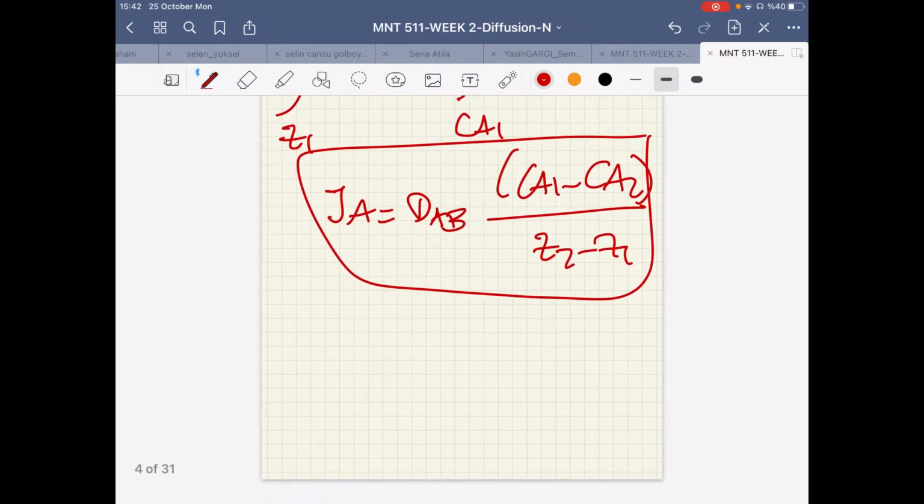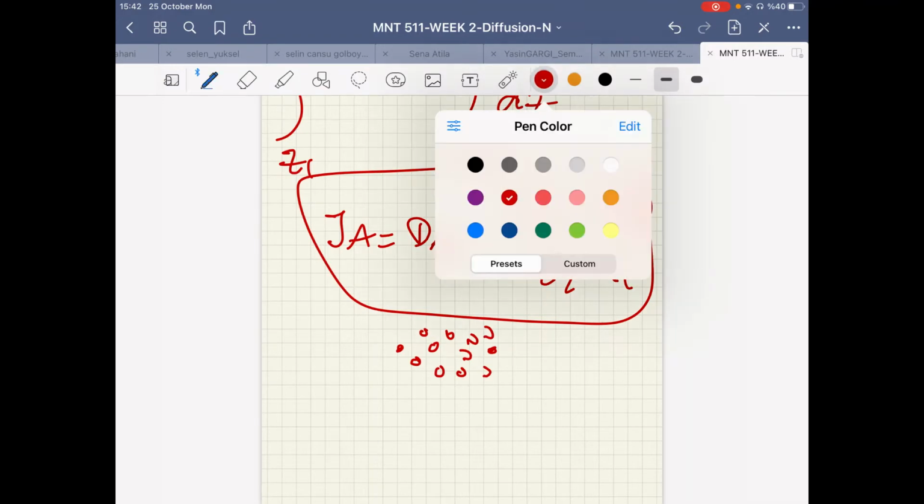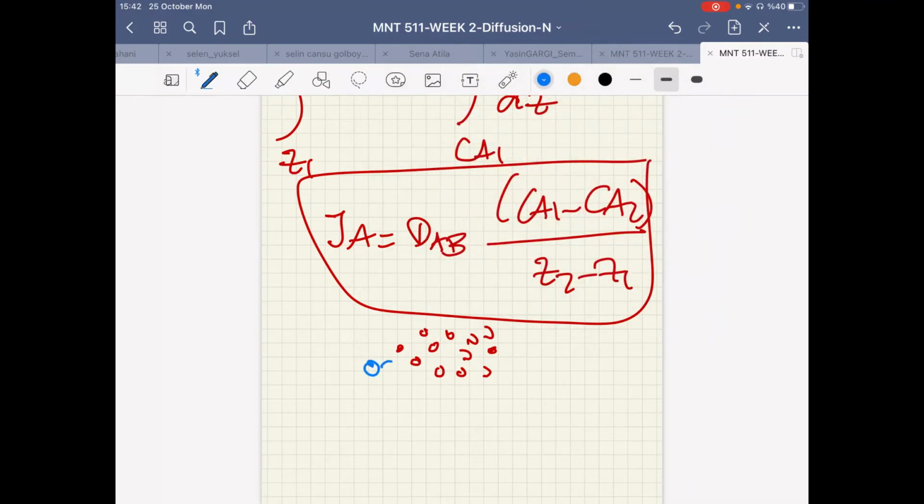But when a molecule is traveling from one spot to another, and let's say we have molecules here, and my blue molecule A is trying to diffuse through here, we assume that this is not moving.